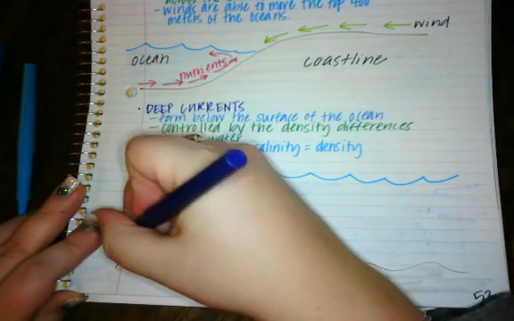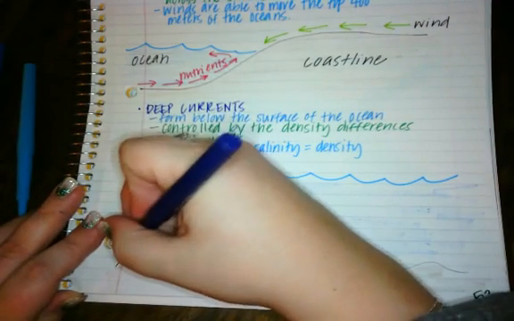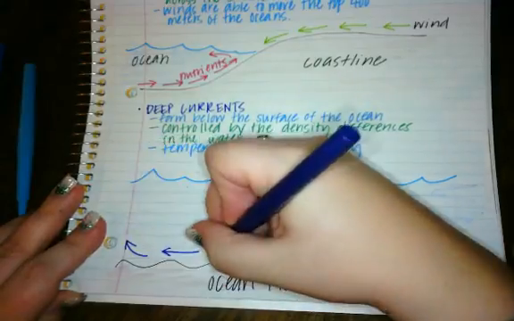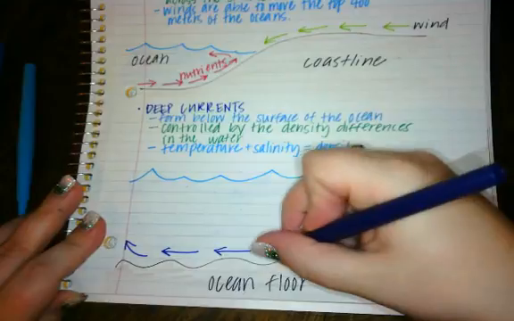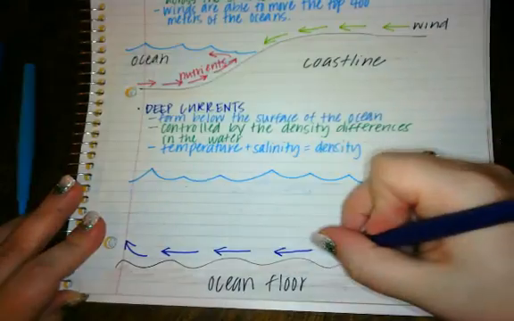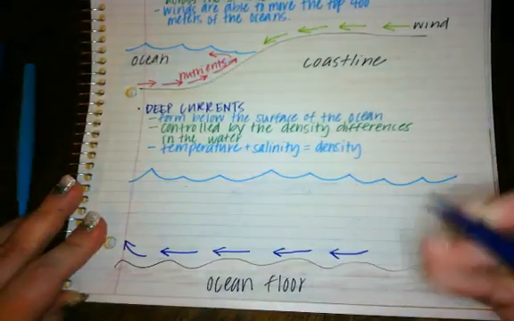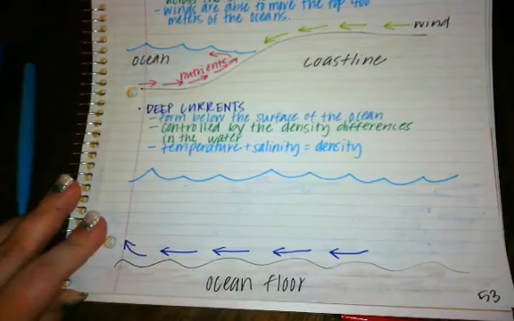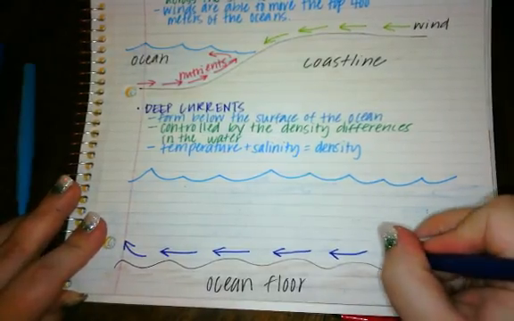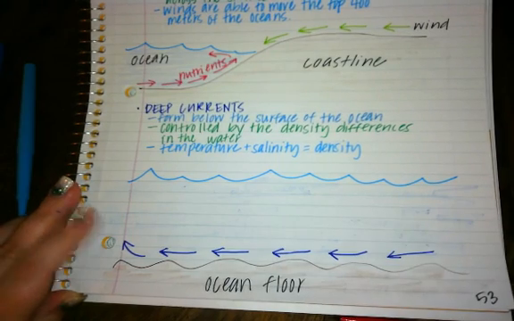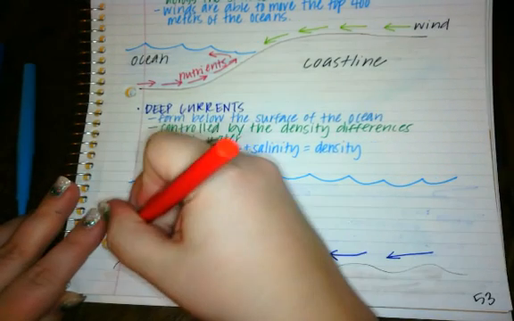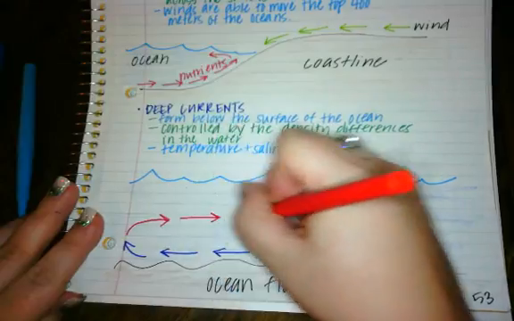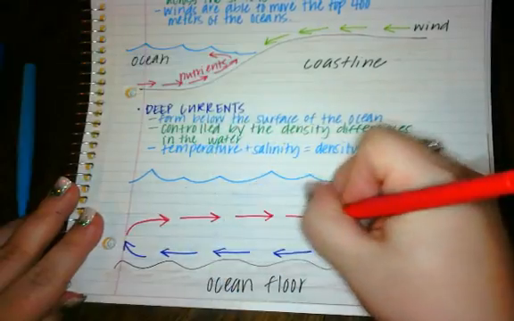Alright, now I'm going to take my dark blue, and I'm going to draw some arrows down here. Alright, and then let's do one more. I'm going to draw some arrows up here.